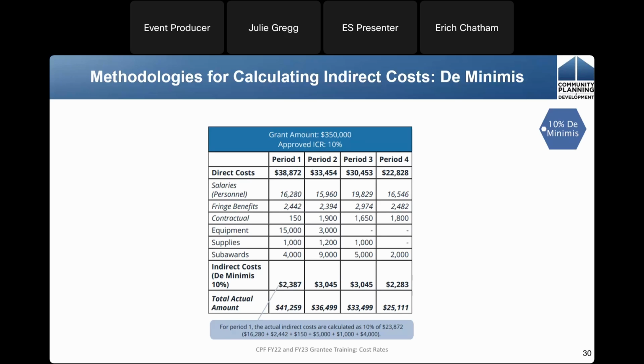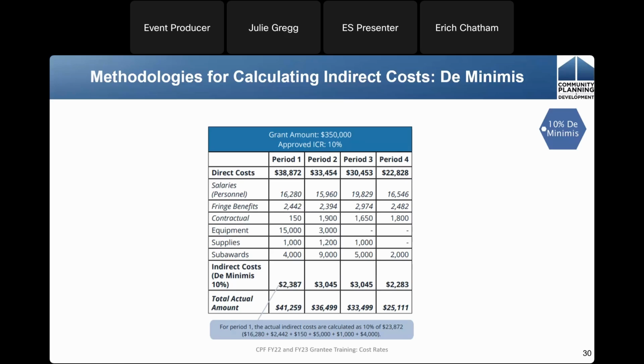$41,259. You see again in period 2 that we have $3,000 in equipment, and so we're deducting that from the calculation to establish our de minimis rate. As we move forward in periods 3 and 4, that equipment has been purchased. We're moving more towards salaries and contractual work, and so we see that there are no excluded costs as we establish our basis for the indirect or de minimis rate.